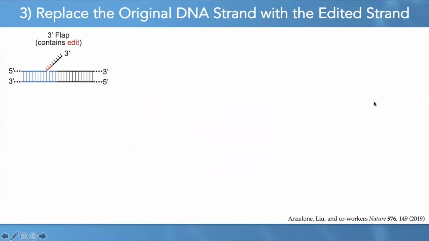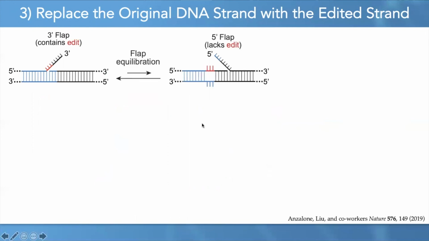We envisioned that we could include unedited sequence after the edited sequence present within the extended 3' flap, and that this 3' flap might displace and exist in equilibrium with the unedited 5' flap of DNA, shown here on the top strand.